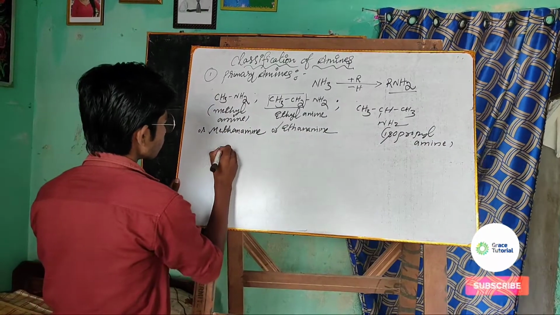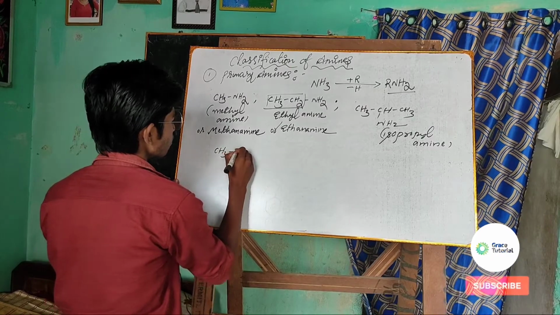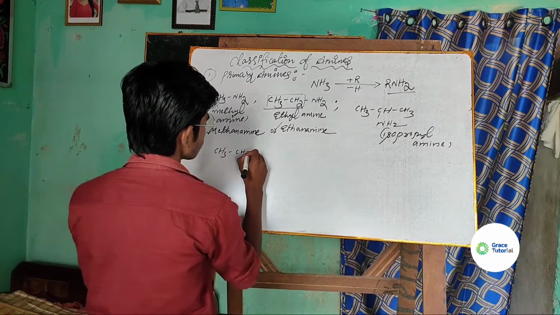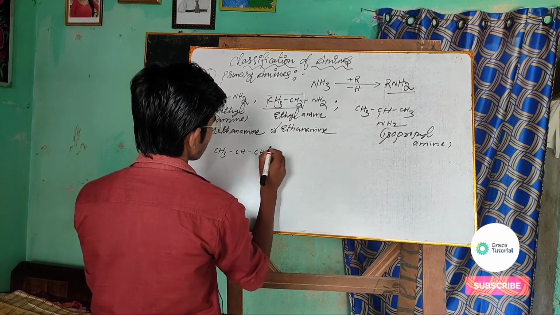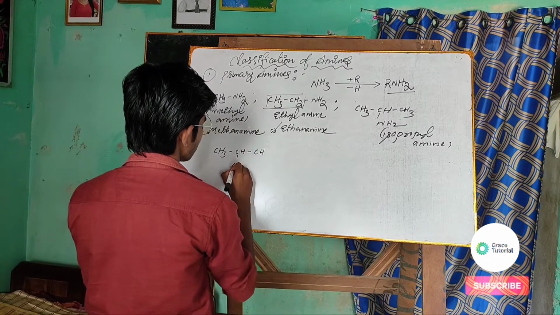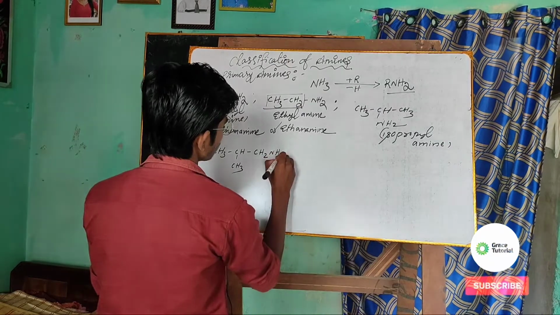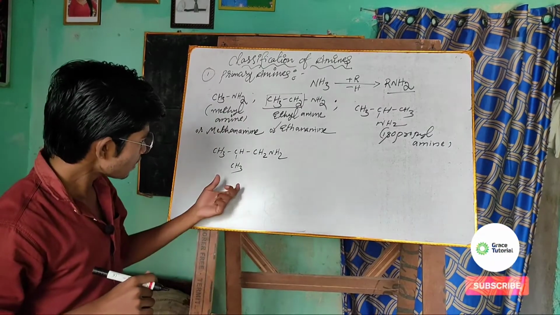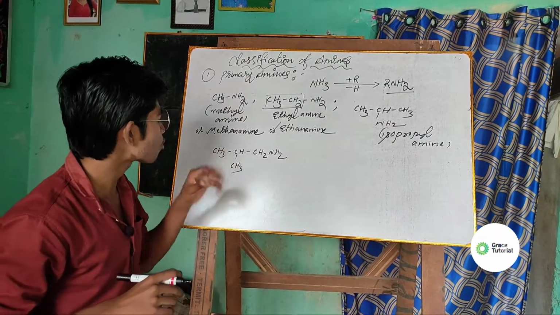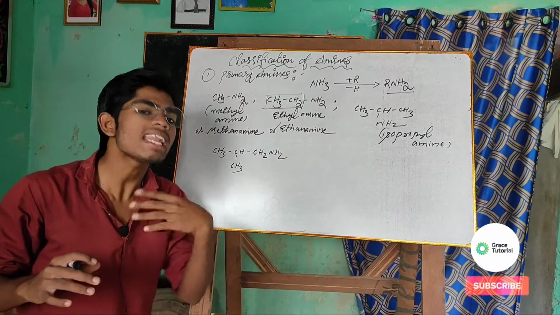Suppose I have CH3, CH, CH3, CH2, NH2. How many carbon atoms are there? 4 carbon atoms are there. So this is isobutylamine.